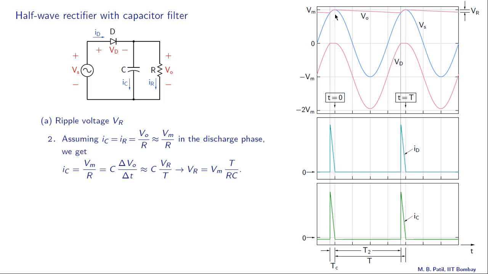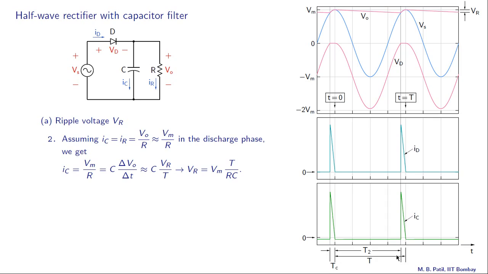So if VO is falling linearly, then the derivative is constant, and we can calculate it using delta VO divided by delta T. Delta VO is the same as VR, and delta T in the discharge phase is T2.